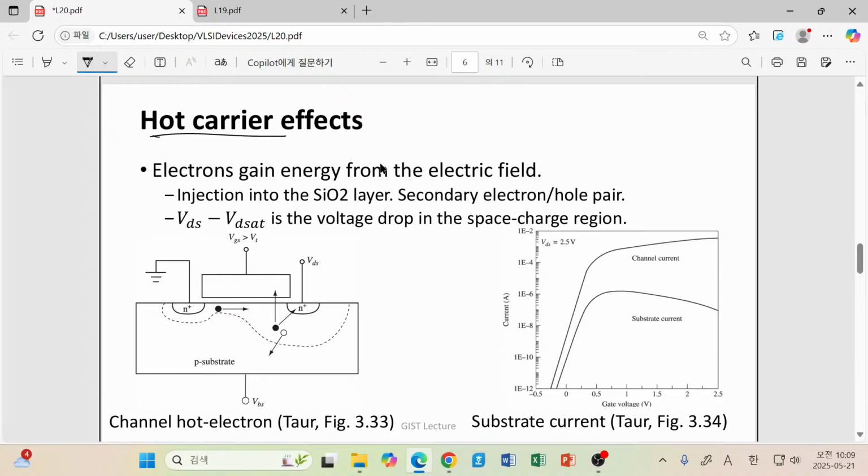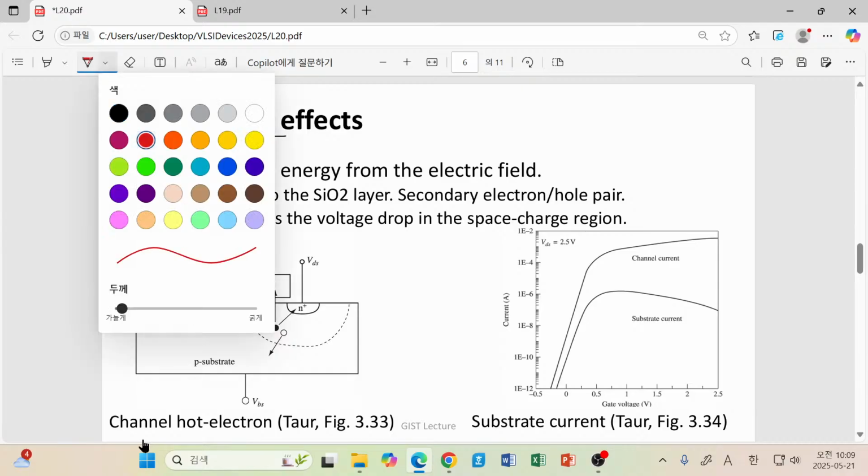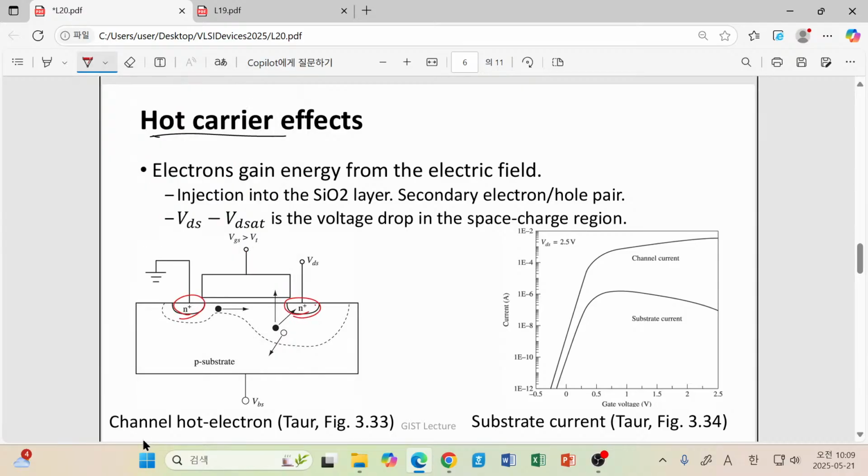Please have a look at this left figure. Here we have a source and here we have a drain, and the drain voltage is quite high. Now what happens to these electrons? When we draw the conduction band profile, it looks like this. This is the conventional way we visualize our energy band diagram.